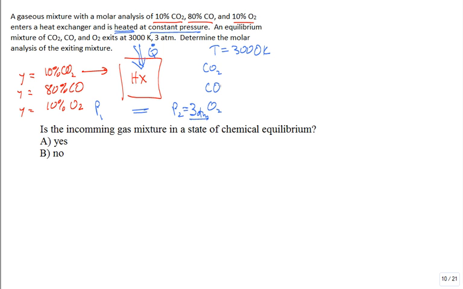That's correct. Thank you. Now, the question says, determine the molar analysis of the exiting mixture. They want us to find the Y of CO2, the Y of CO, and the Y of O2. The Y of CO2 came in at 10%, the Y of CO was 80%, and the Y of O2 was 10%. But we want the equilibrium coming out.